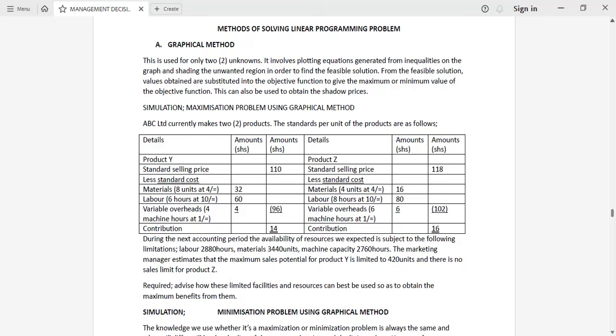It is called the feasible solution, but it is also called a feasible area. From the feasible solution, values are obtained and substituted into the objective function to give the maximum or the minimum values of the objective function. And this can also be used to obtain the shadow prices. We talked about the shadow prices. We said they were the opportunity costs.